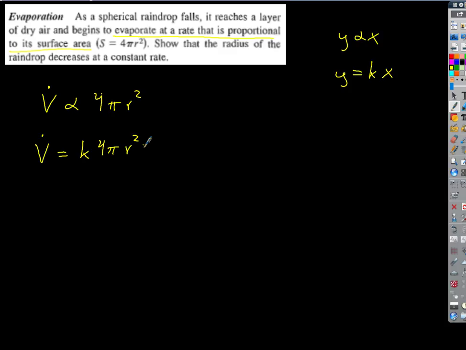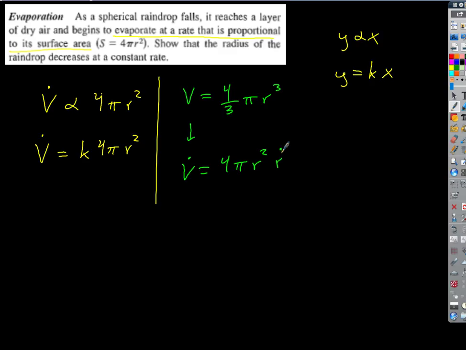So that's a true statement. We also know that if we start with the parent equation, volume equals 4/3 pi r cubed, and implicitly differentiate with respect to t, we get V dot equals 4 pi r squared r dot.